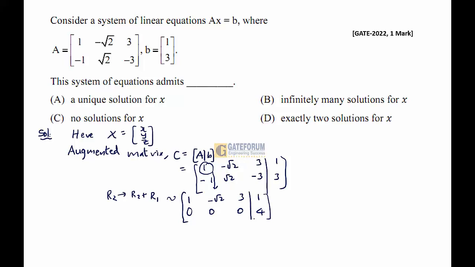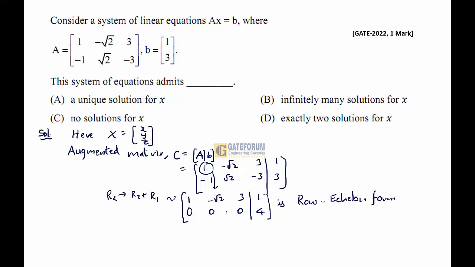And in the second row, the last element is the first non-zero element. Below that, no more rows. So the row operation is over, and this is row echelon form. Elements below the diagonal are 0.